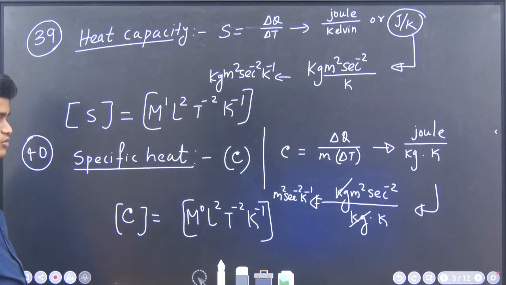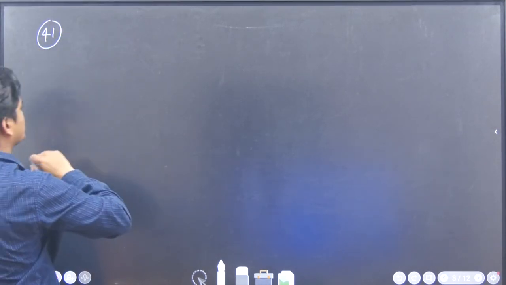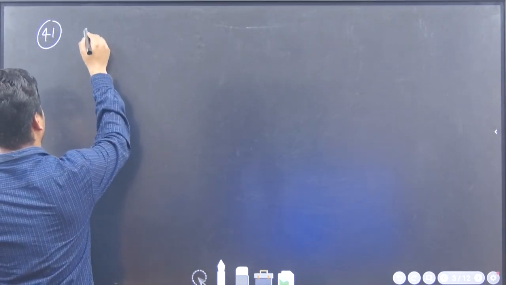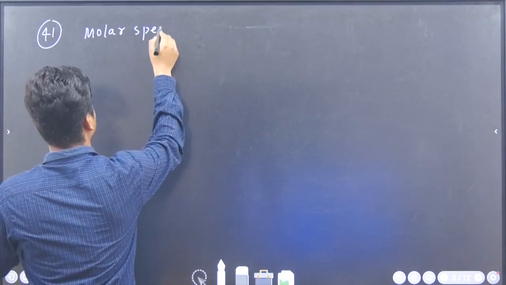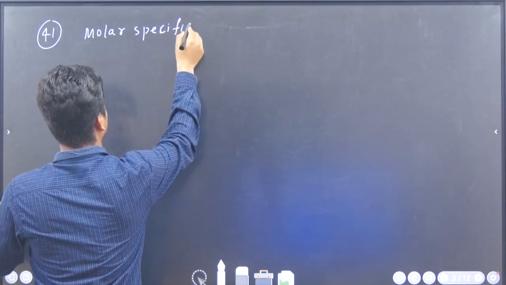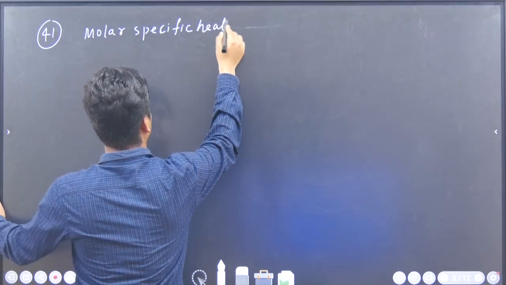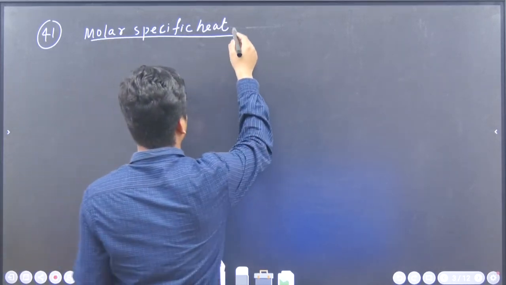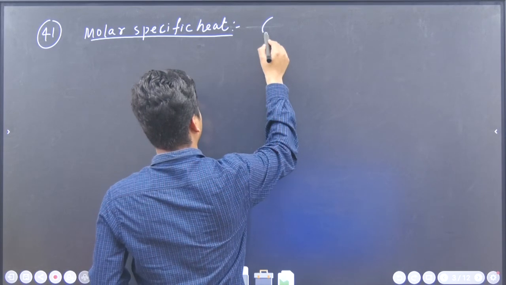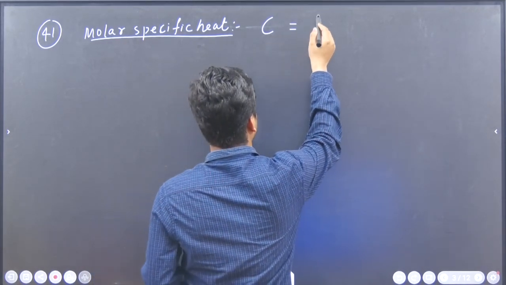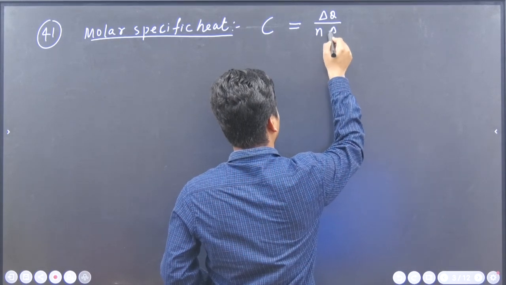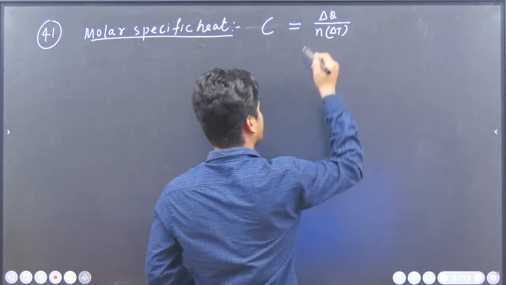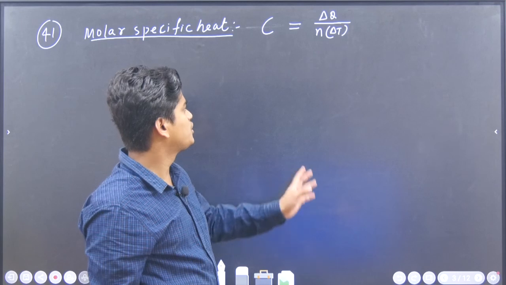Now I will go to the next quantity, number 41. Here we will understand molar specific heat. When you say molar specific heat, you write capital C, and this capital C is nothing but delta Q by n into delta T. Here n is the number of moles.